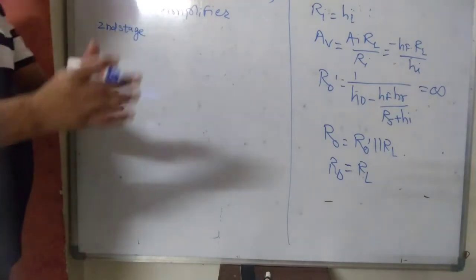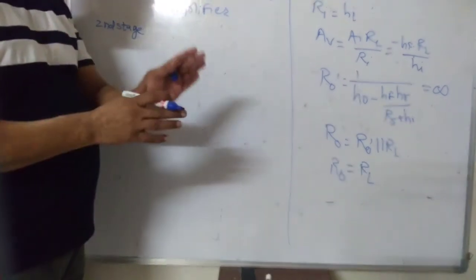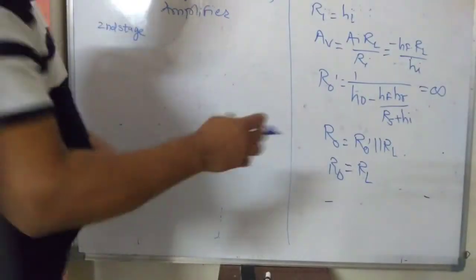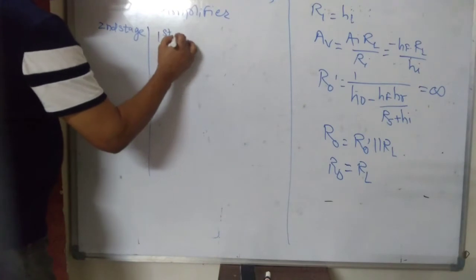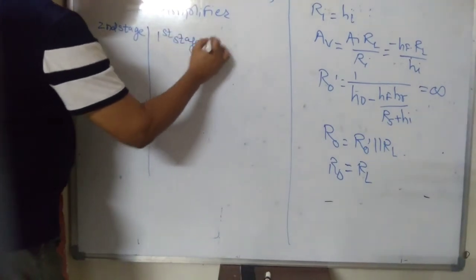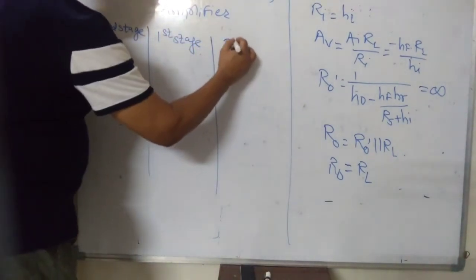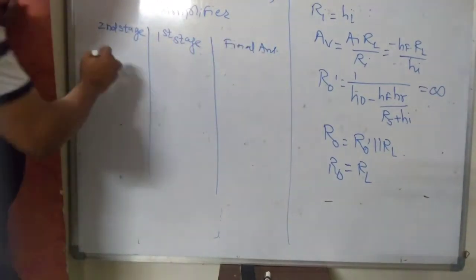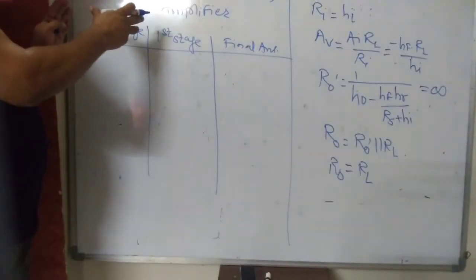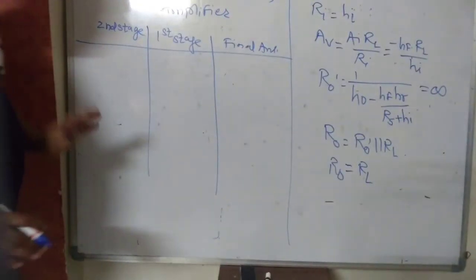The first transistor circuit is known as the first stage, and the second transistor circuit is known as the second stage. Second stage, first stage, and then final answers. I am writing the formulas. You have to follow the same sequence while solving the numerical.